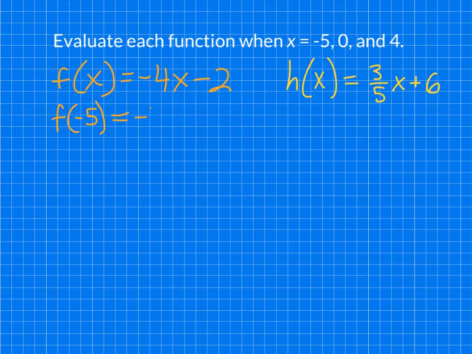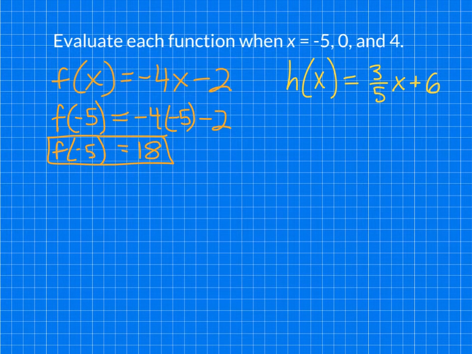And then on the right side where we have the actual function, we insert negative 5 for x. We substitute. Negative 4 times negative 5 minus 2. And then we write f of negative 5 equals negative 4 times negative 5 is 20. 20 minus 2 is 18. F of negative 5 equals 18.